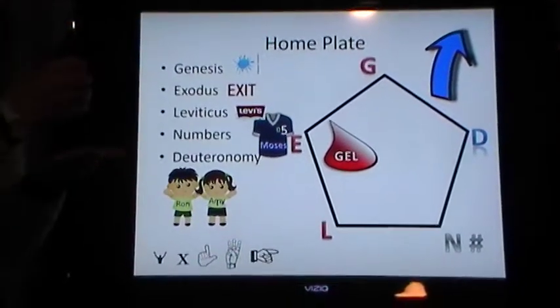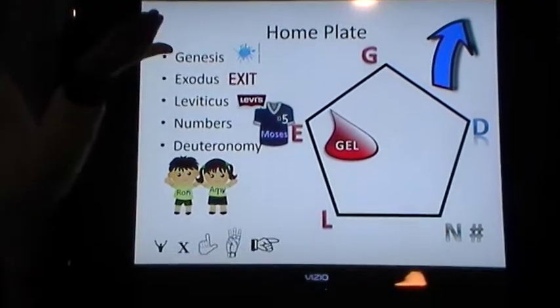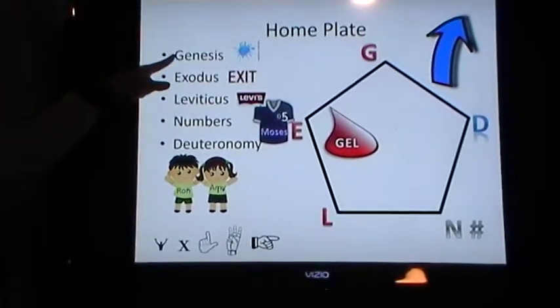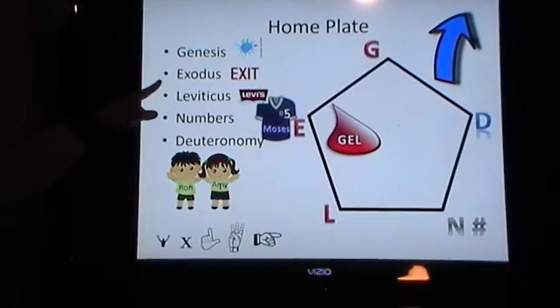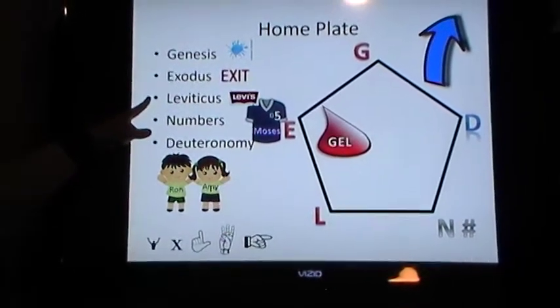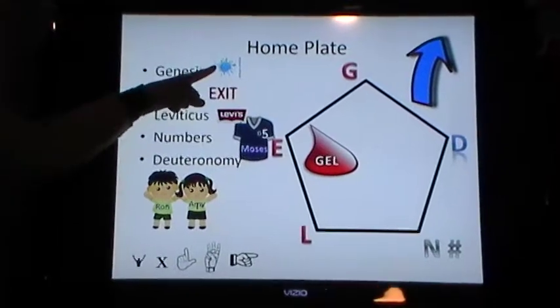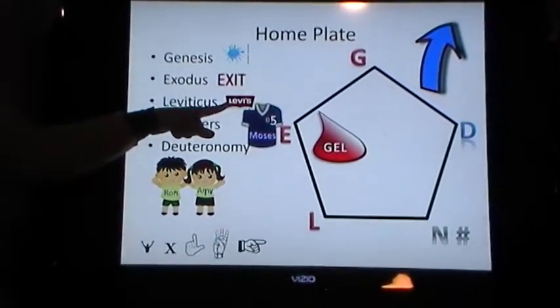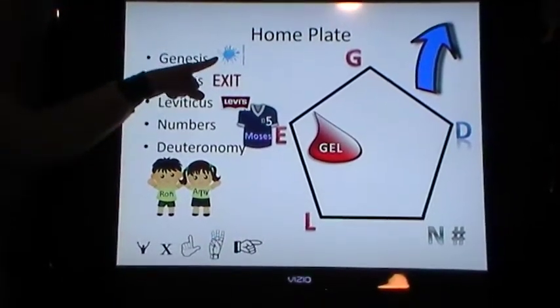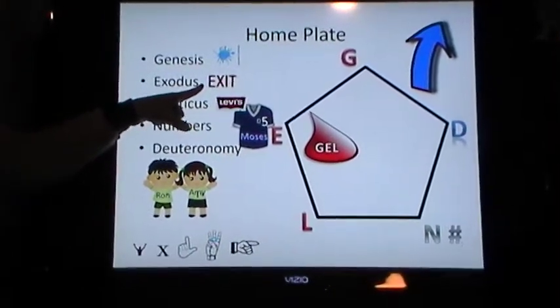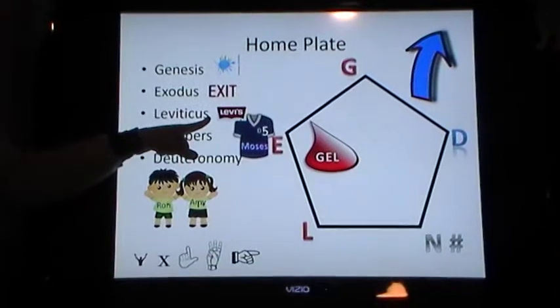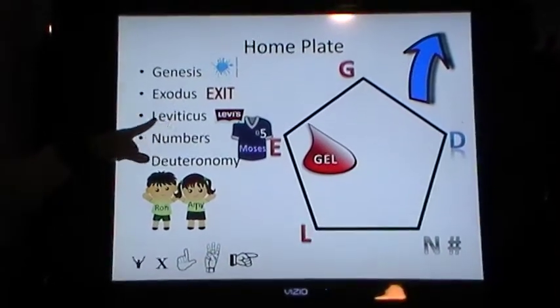He's going to squirt that gel into his hand. The G stands for Genesis, the E for Exodus, and the L for Leviticus. And we have some ways that you can remember those, if you can see that here. Genesis is the beginning, Exit for Exodus, and the little Levi tab for Leviticus.